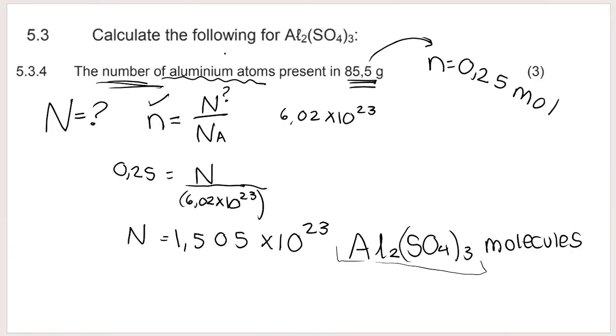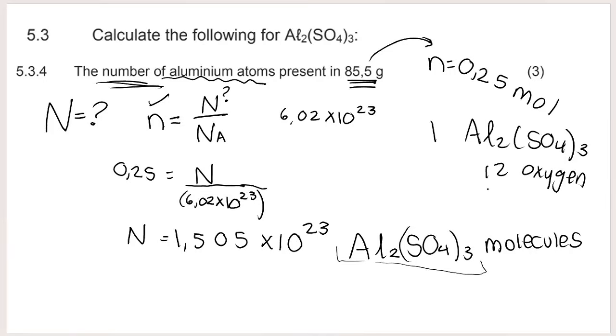I explained this in my previous video. If you want to see that video, I'll link it here. But if I had 1 molecule of aluminium sulfate, then I would have 12 oxygen atoms, 2 aluminium atoms, and 3 sulfur atoms in 1 molecule or 1 compound of aluminium sulfate.